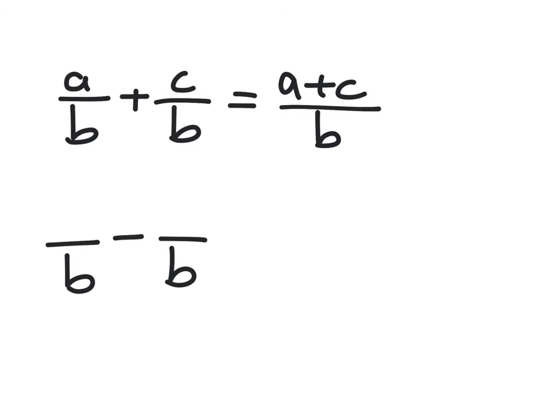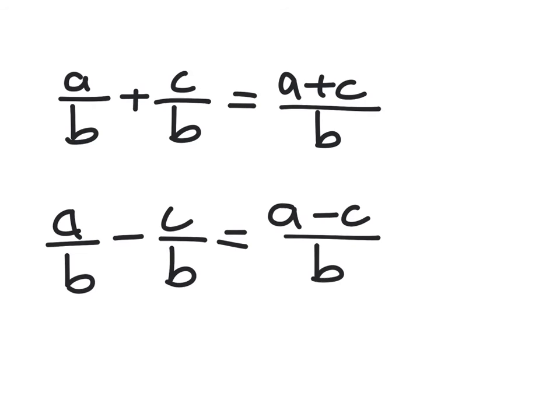Now that's addition, but what about subtraction? It actually works the same way. This is going to be a minus c over that same denominator. Again, this would be represented by numbers instead of letters. But that's what we've been doing, and most people don't really show this step right here. It's not required that you do, but if it helps you to keep that organized, then do it.